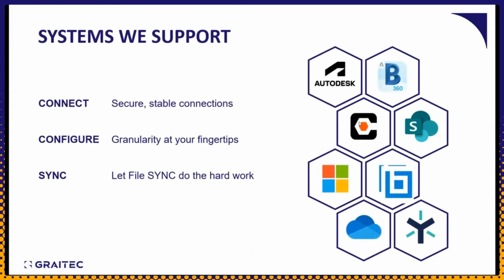If we want to view them quickly here, we can see essentially Procore, Bluebeam, Windows, OneDrive, SharePoint, Ignite, and of course supporting migration and synchronization between ACC and BIM 360 projects. It's simple to use. Connect your systems, configure what and when you want to sync, and let the application handle the rest while you focus on more important tasks.